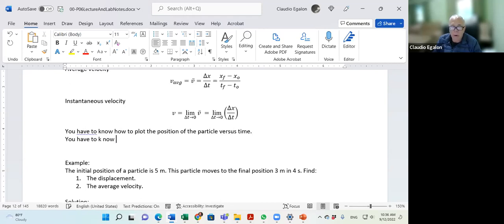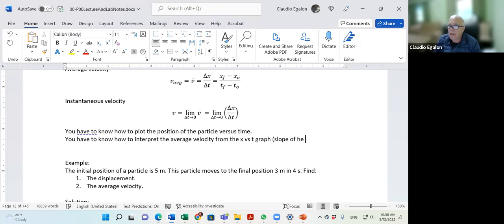You have to know how to interpret the average velocity from the x versus t graph, okay?